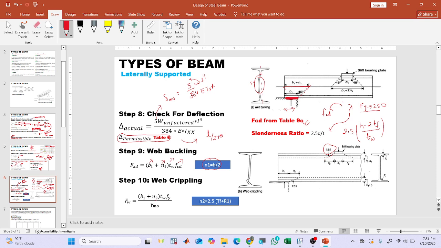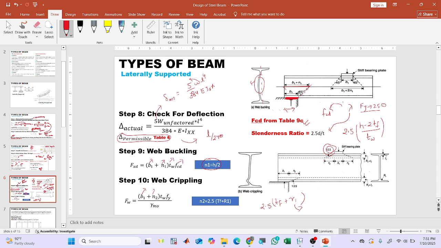Now the web crippling check. For web crippling also, we will do b1 plus n2 into thickness of web into Fy by gamma m naught, and this n2 is defined as 2.5 times the thickness of flange plus r1. This is the thickness of flange, and this is the radius of root, both will be given, and 2.5 is the slope.